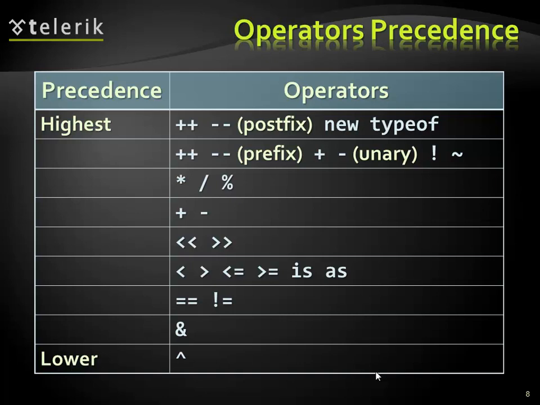There's a list here of which operators precede others. That means that if they are in the same line of code and in the same statement, and you have a combination of those, you can see which ones are executed before the other ones. For example, we can see that multiplication and division precede subtraction and addition.